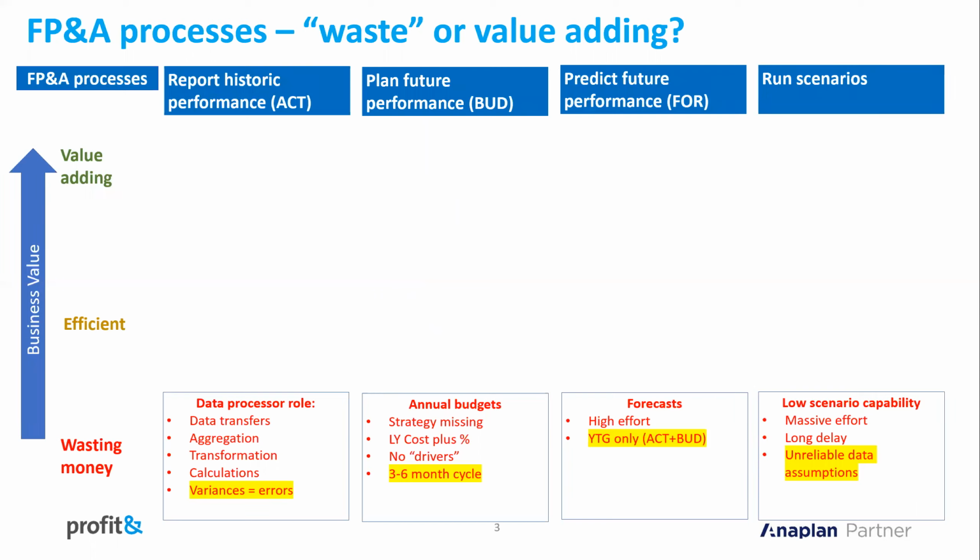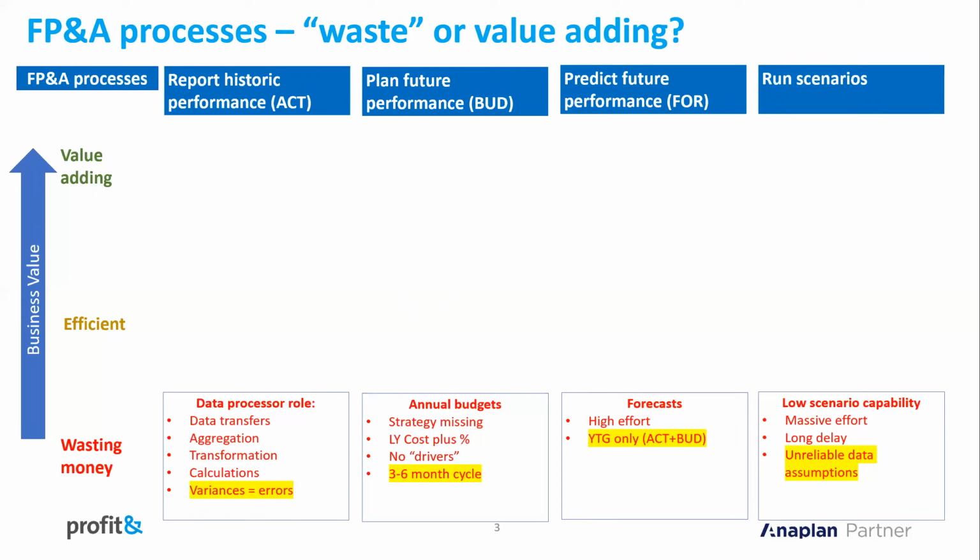So just looking at this diagram, we define FP&A processes as, on the whole, there are 4 of them. The first and main one is just reporting historic performance. That's actual management reporting. Then planning for the future. In most businesses, that's at least a budget and often 2, 3, 5-year planning.